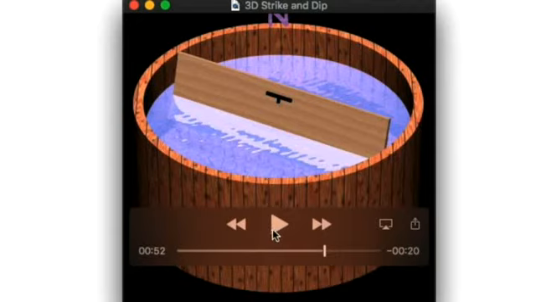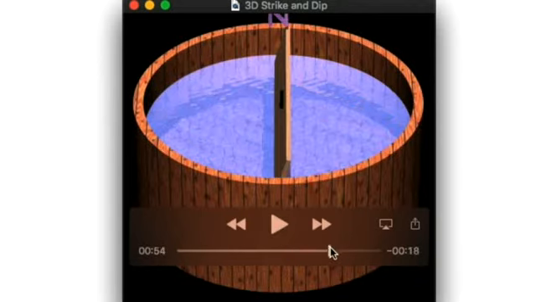So you could go back in this video and see if you can come up with the strike and dip descriptions yourself before I say what they are. So this again would be a north or south strike and a steep west dip.